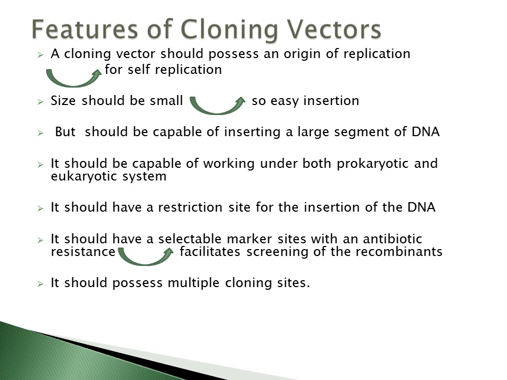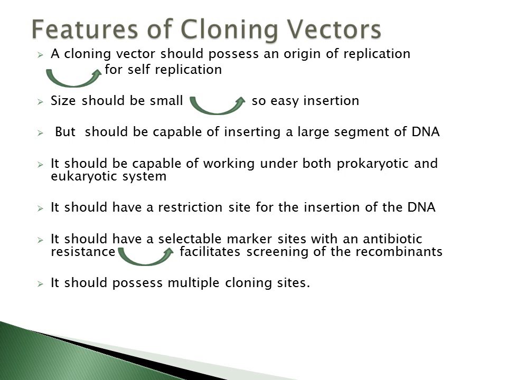Coming to features of a cloning vector, how should the cloning vector be? A cloning vector should possess an origin of replication for self-replication. After going inside the host cell, it needs to replicate itself, so it should have a region for replication.